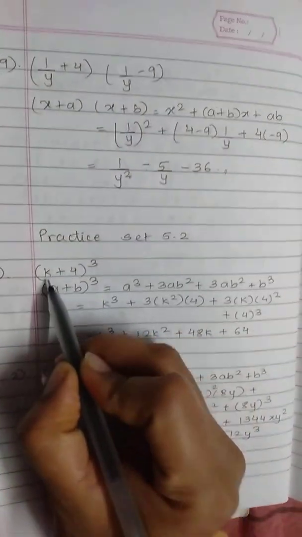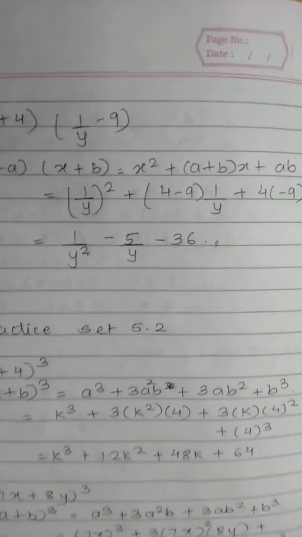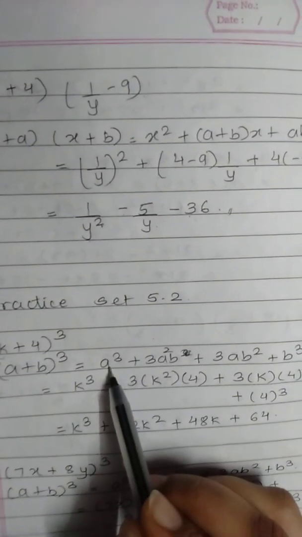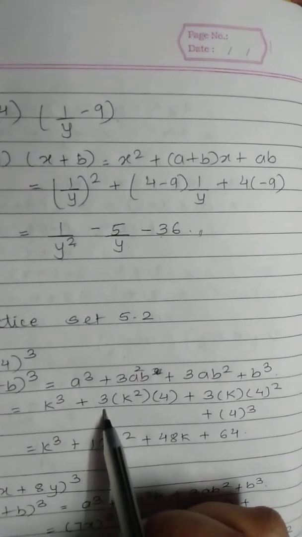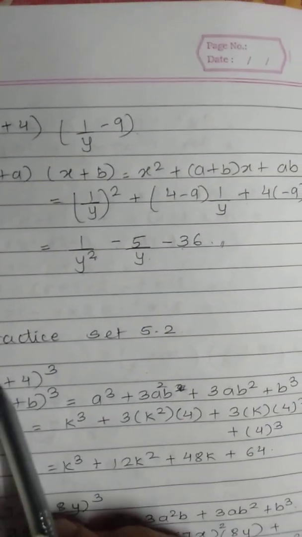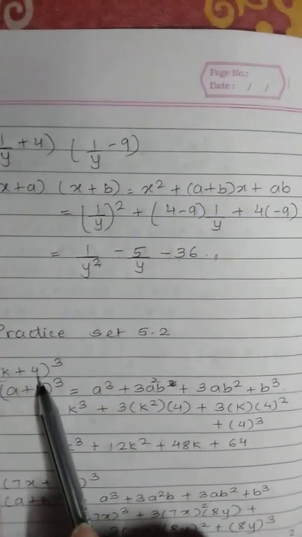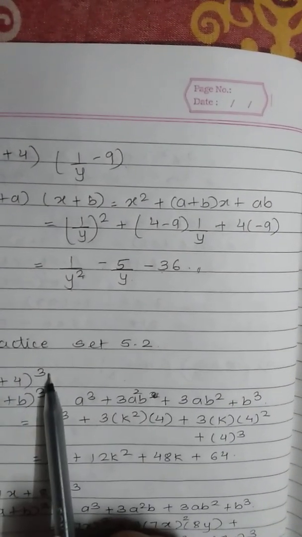So a over here is k while b over here is 4. The formula says a cube, that means k cube, plus 3a square b, that means 3k square times 4, plus 3 times k times 4 square, plus b cube, that means 4 cube.